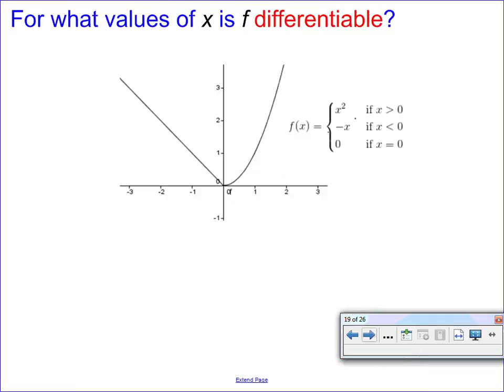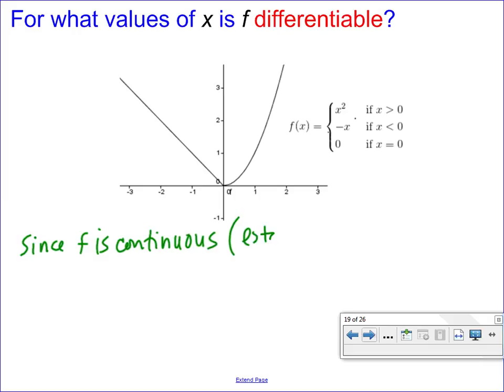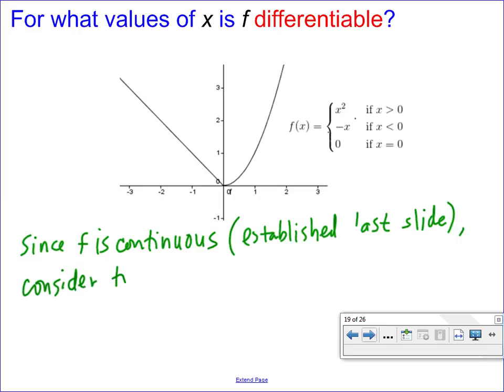However, we still should say that, since f is continuous, as we established on the last slide, we consider two-sided slopes.